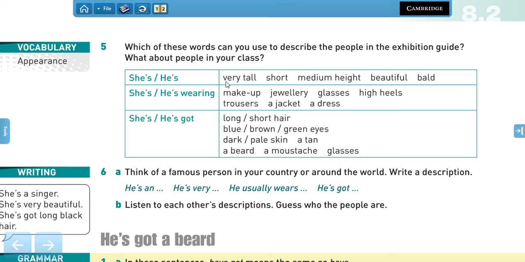So for example, here we have she is or he is very tall, he's short, medium height. These are all about height, but you can also use the word slim. She's slim or she's overweight. Those are common words that one can use.